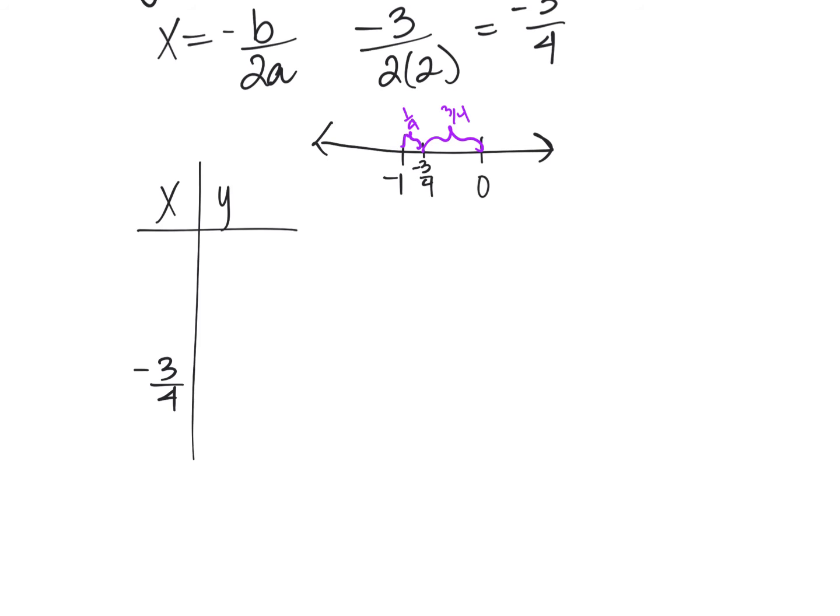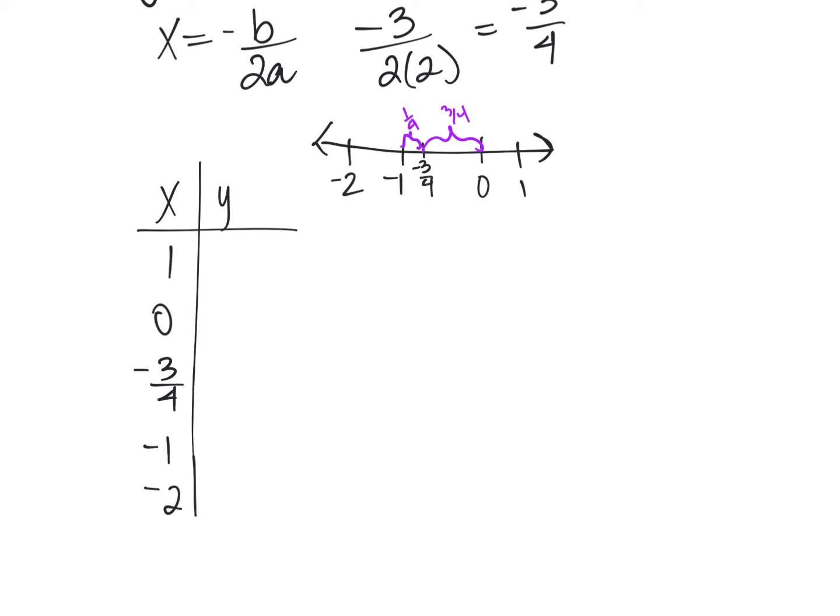So we're going to make our table. I have 0 and positive 1, negative 1, and negative 2. That's what our number line looks like. Think about the graph. The whole numbers are around it. We're just going to plug them all in instead of using the symmetry, because then we'd have to think really carefully about what x values to use.